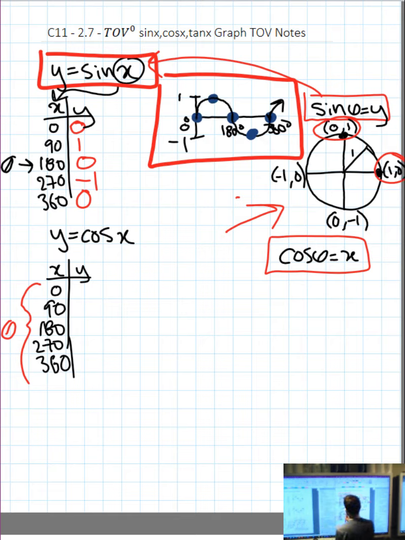So we're going to start off with an angle of 0 out to the right, and we're going to take the x value because cos theta is the x value. And the x value to the right is 1. And straight up at 90, the x value is 0. And at 180, the x value is negative 1. And at 270, the x value is 0. And at 360, the x value comes back to 1 again.